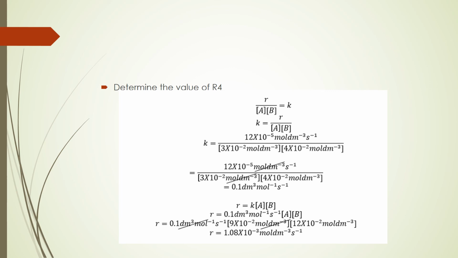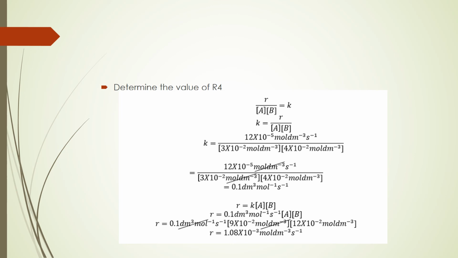The value of K is R over concentration of A times concentration of B. Taking any of the experimental data, in this case I have taken the data from experiment 1, K equals R over concentration of A times concentration of B. For experiment 1, we have K equals 12 times 10 to the power of minus 5, and the unit here is mole per dm cube second, over 3 times 10 to the power of minus 2 mole per dm cube times 4 times 10 to the power of minus 2 mole per dm cube.